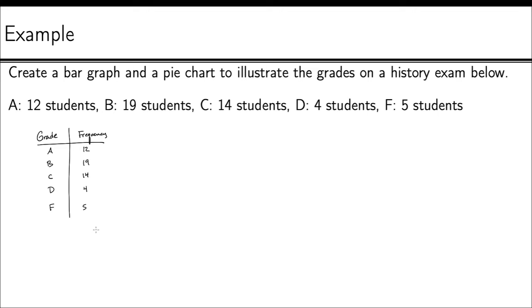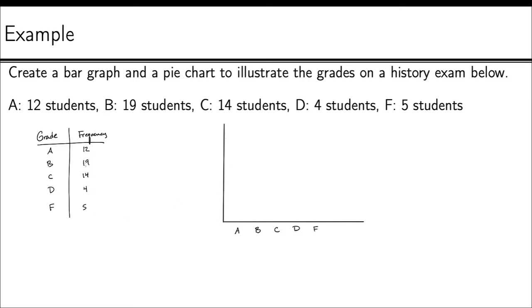And we want to create a bar graph. So we create our axes, our vertical axis and horizontal axis. On the horizontal axis, we're going to have our grades. So we've got A, B, C, D, and F. And then we have heights.